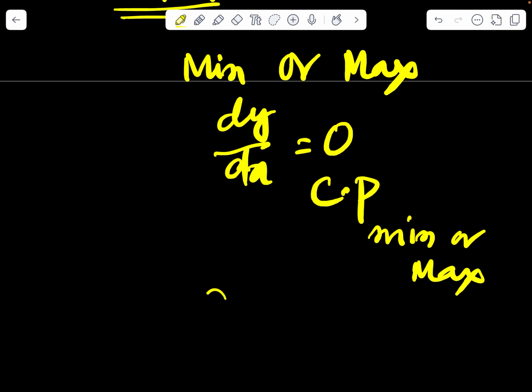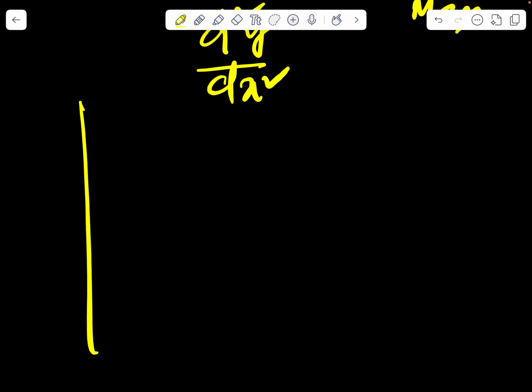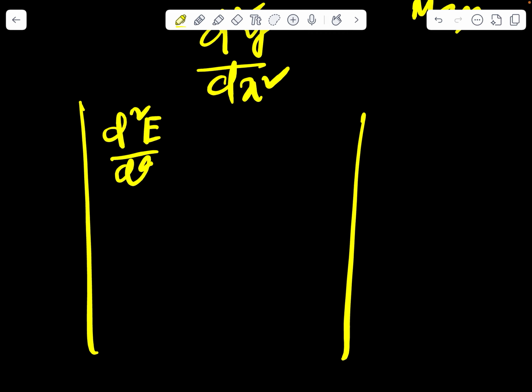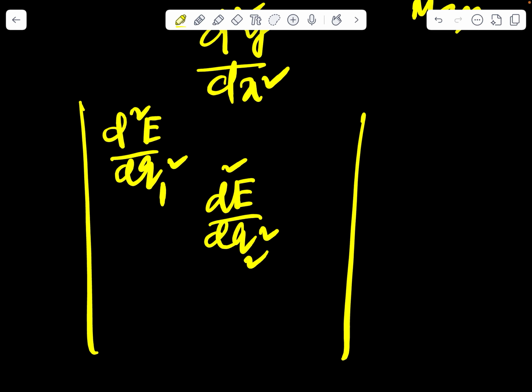Then I have to go for the second derivative, d2y by dx2. Now this second derivative matrix is almost similar: d2E by dq1 square, d2E by dq2 square, d2E by dq3 square.